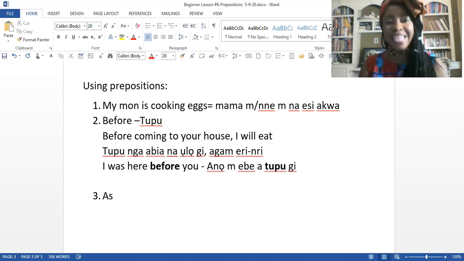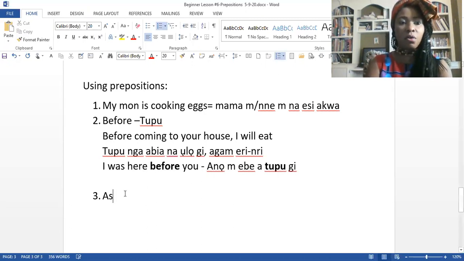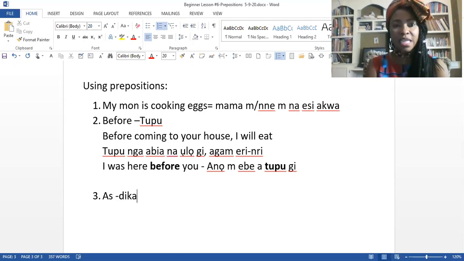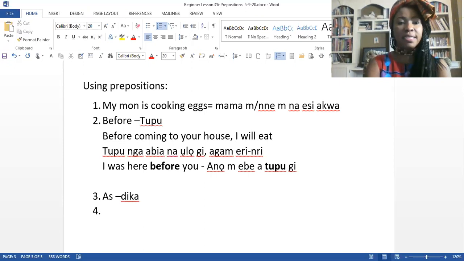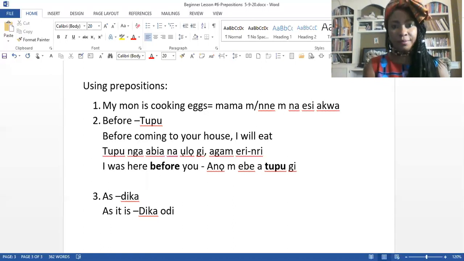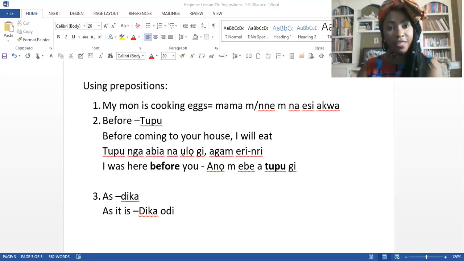So we're going to say deka. That's what it means in Igbo. Making a sentence, you can say as it is. You can say deka order. As it is means dika order.